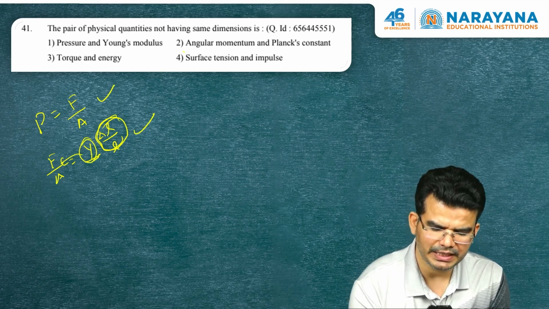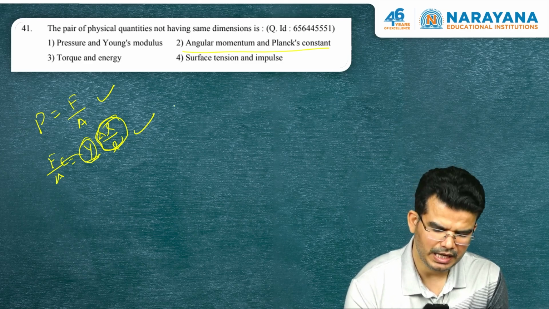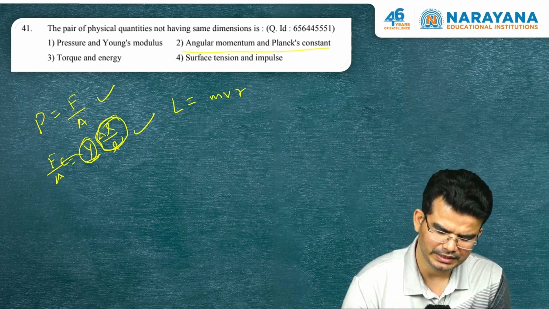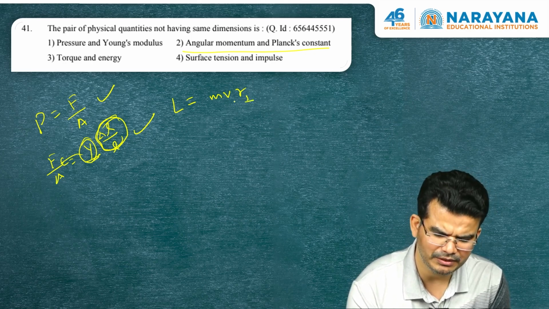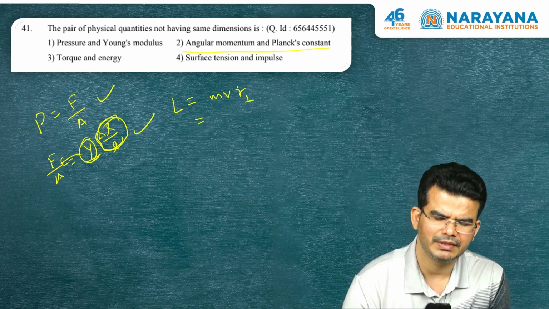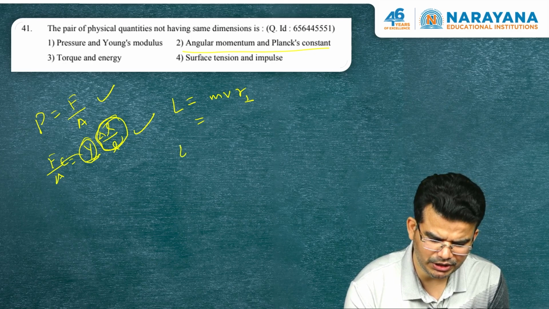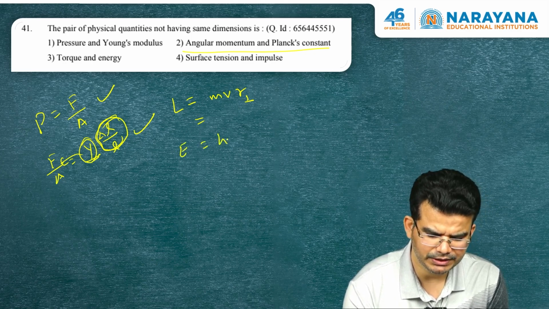Angular momentum and Planck's constant. Angular momentum L equals mvr perpendicular. Right now we are simply writing it, anyway dimension is required. What is Planck's constant? E equals h nu, a basic formula.